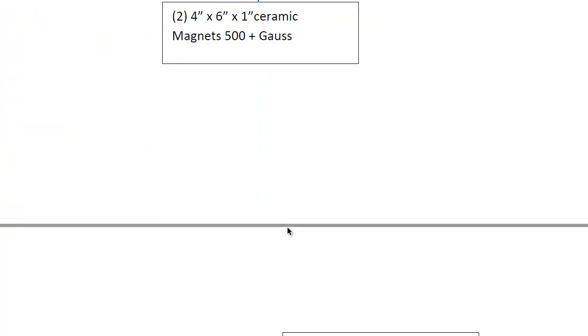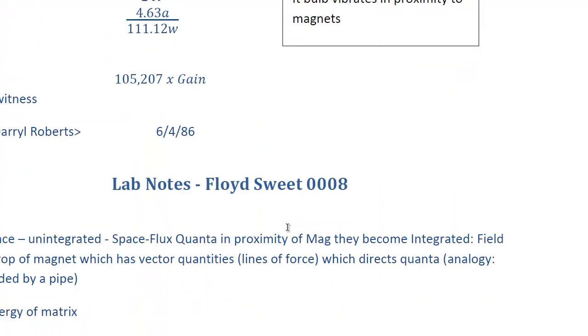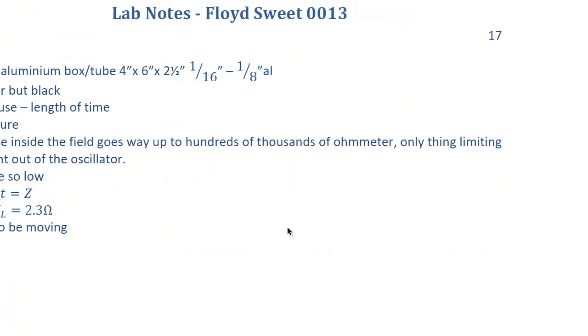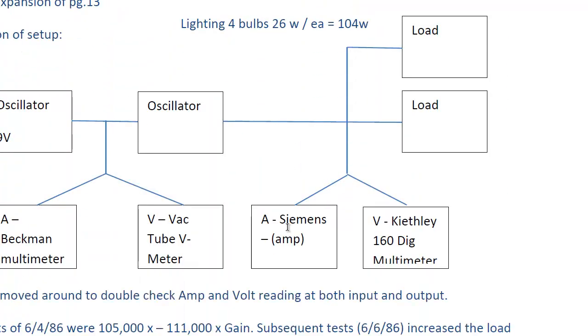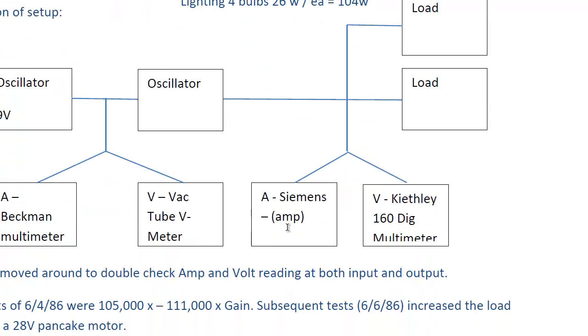Now if we scroll through a little bit more, Floyd Sweet refers to it as an oscillator. Here we go. Now it's possible that this was just a handwritten mistake, but he's got oscillator here and then oscillator here again. This oscillator here is the VTA. It is an oscillator. It's a magnetic pump, if you like, a magnetic charge pump.